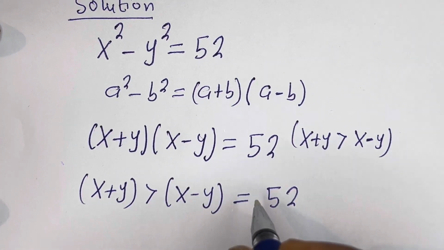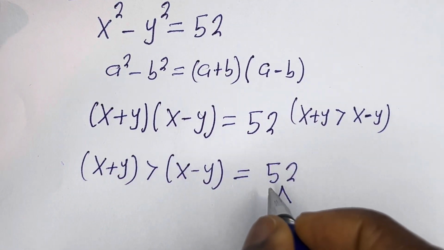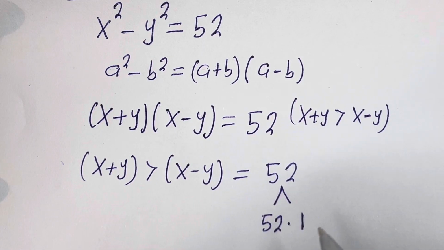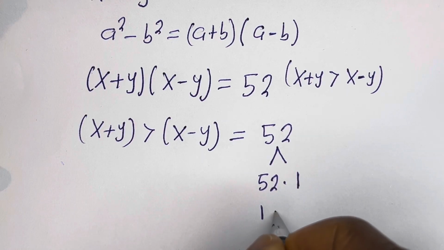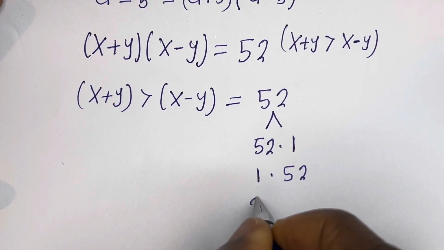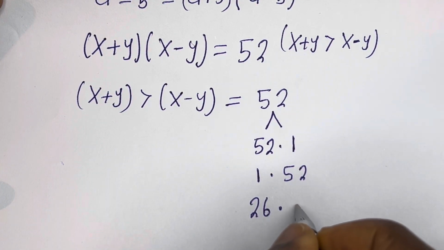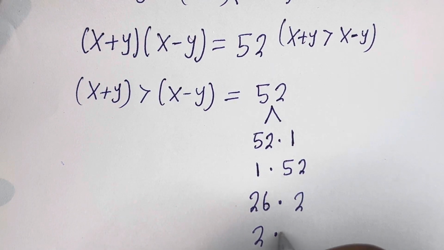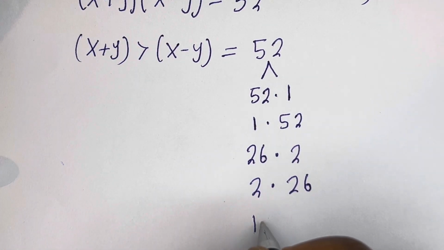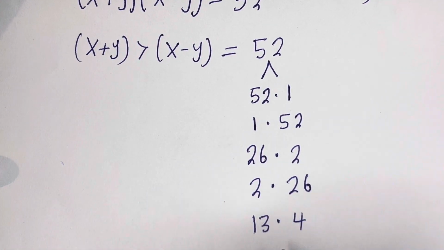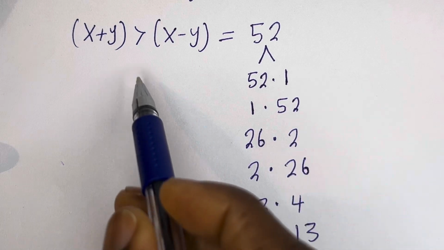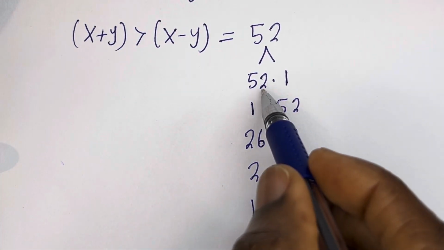We need to look for the products of 52 here. 52 is a product of 52 multiplied by 1, then 1 multiplied by 52, also 26 multiplied by 2, 2 multiplied by 26, and 13 multiplied by 4, 4 multiplied by 13.